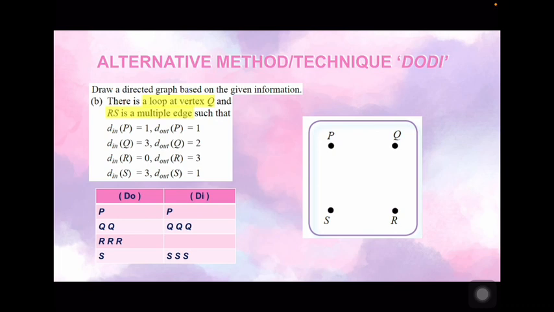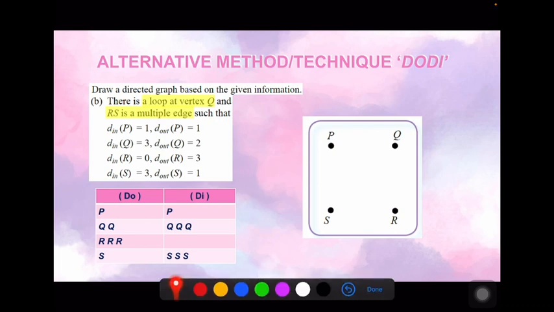As you know, a loop has D out and D in simultaneously, because at a loop, the point Q can be a terminal and at the same time the initial vertex. So there will be 2 arrows at vertex Q, one coming out and one going into.